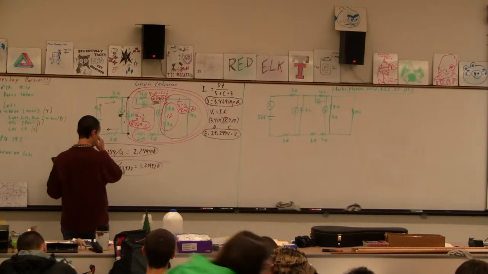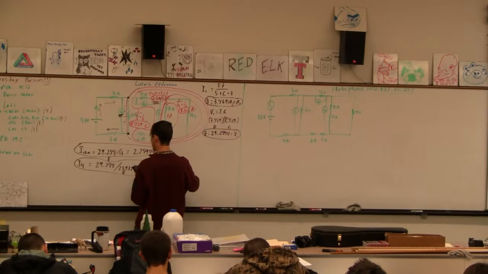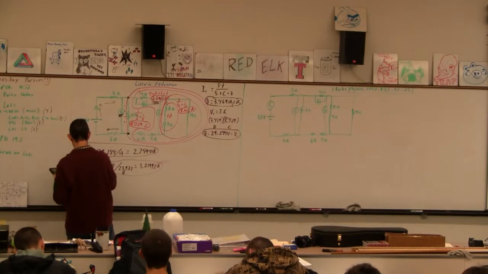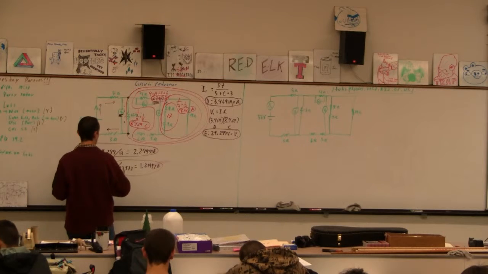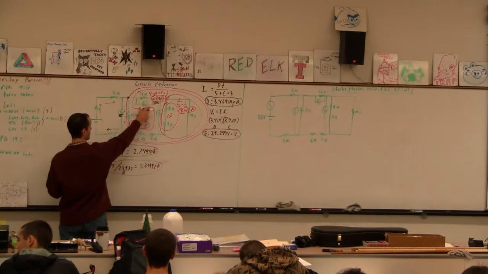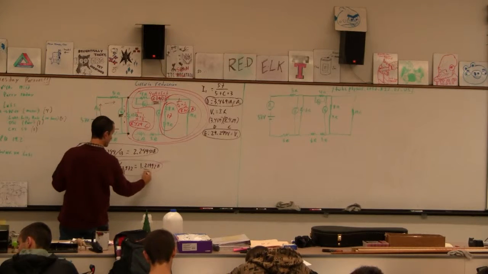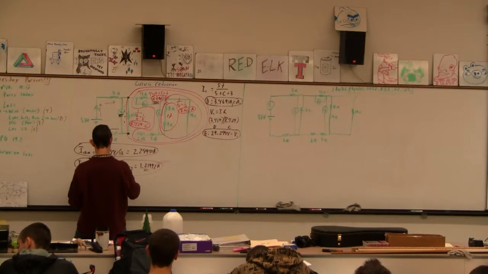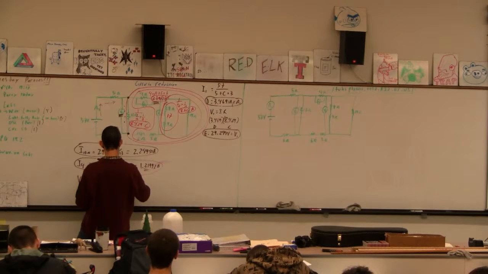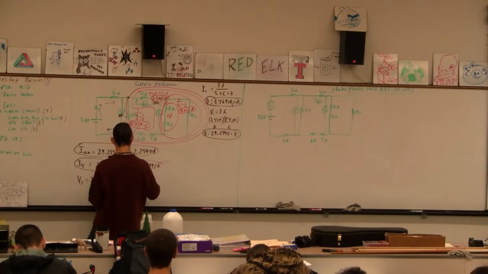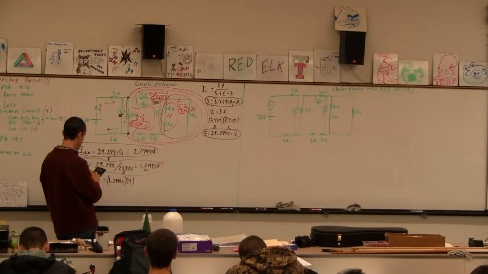And then we can find V2. For V2 we're going to use IR. The resistance is 4 ohms, and the current is the one we just figured out, this current here. So that's going to be 1.21992 times 4. Oh wait, I've got to store that somewhere.